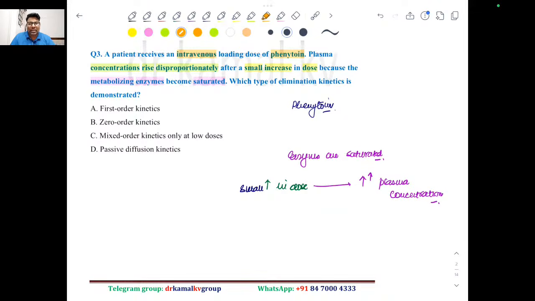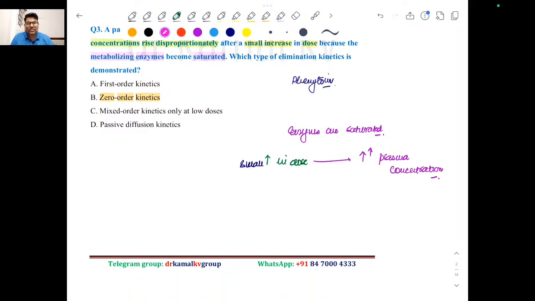So this is a classical, yes, Dr. Shamim, very good. This is a classical zero order kinetics where a constant amount of the drug is excreted, and once the enzymes are saturated, even if we give a small amount of drug, that will increase the plasma concentration excessively. So that is a classical zero order kinetics, right?